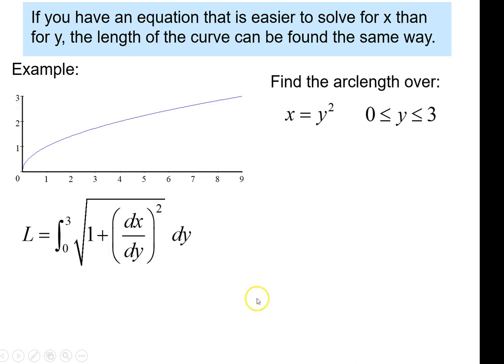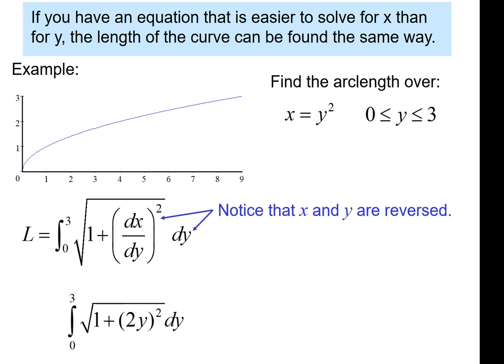So we're going to set it up, but notice instead of dy dx, I wrote this as dx dy, so it's the derivative of the function x with respect to y. So the derivative with respect to y, of course, is 2y. So again, if we put this into technology, we'd get a value of 9.747.